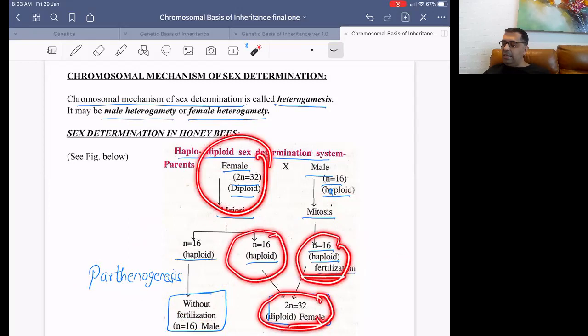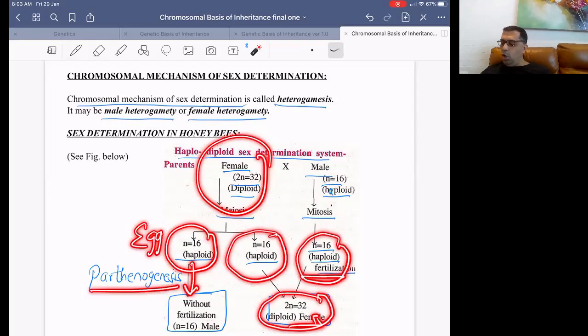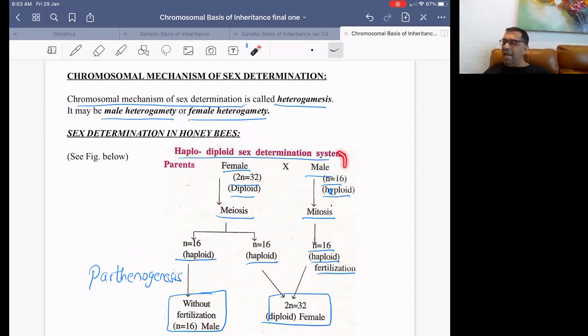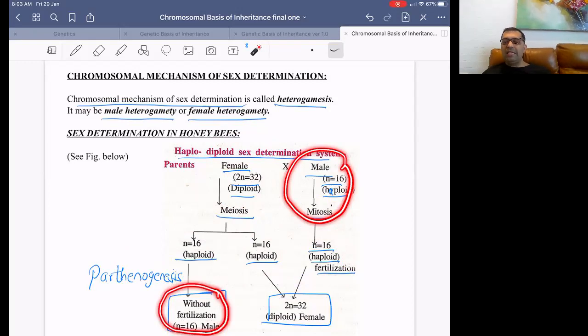But without fertilization, the egg undergoes parthenogenesis to form n=16 males. So here the male's chromosomes never go to the next male. The male is formed exclusively from the mother.